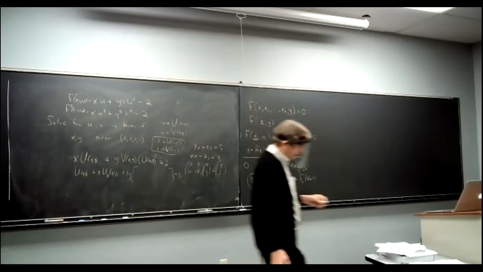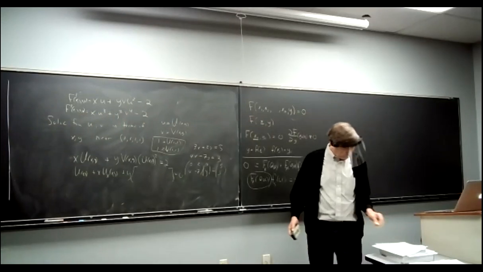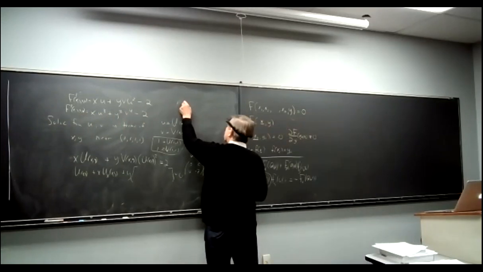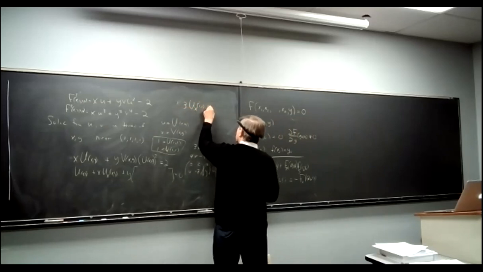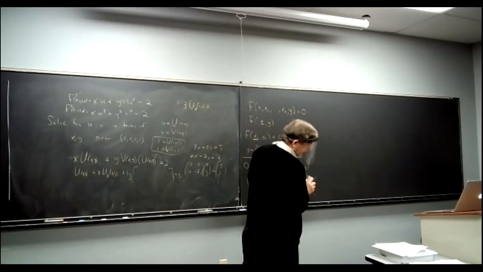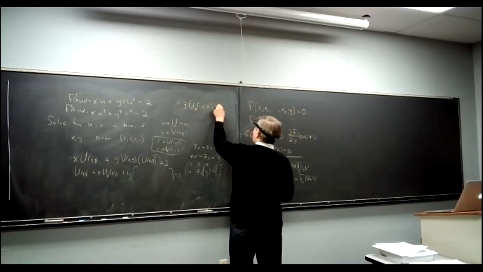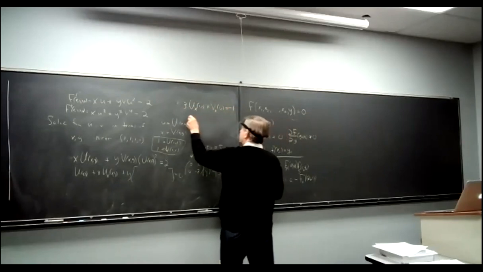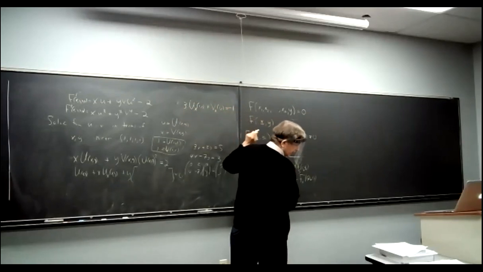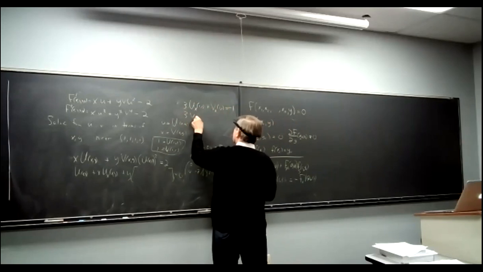And what you get, okay? When you do this, finally, what you will get is 3 u sub x at 1, 1 plus v sub x at 1, 1 equals minus 1, and you'll get 3 u sub x at 1, 1 plus 4 v sub x of 1, 1.